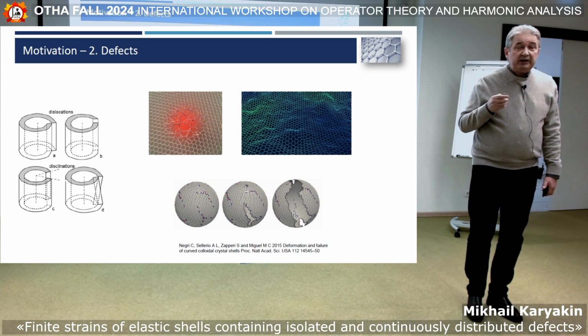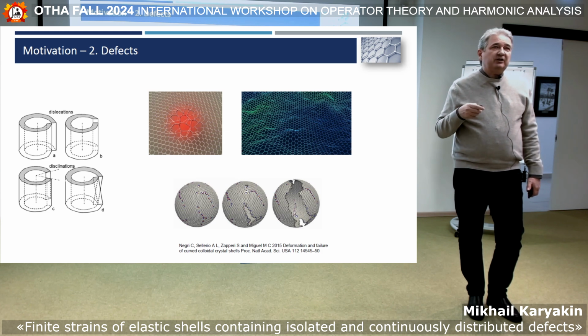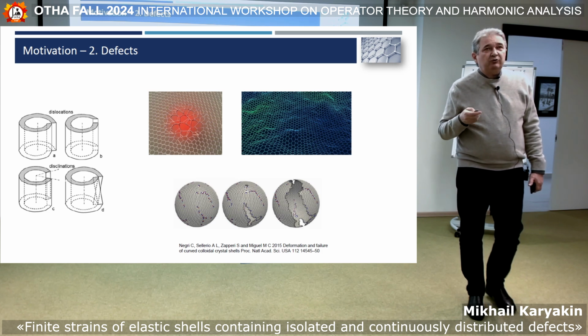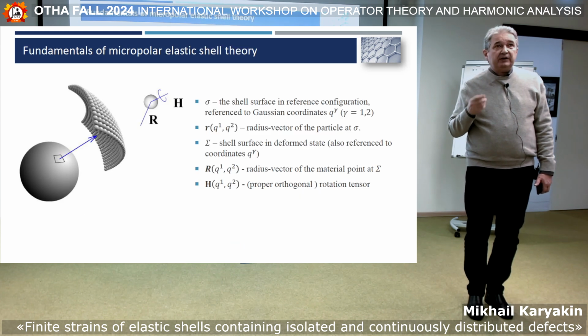So in our case, we will study a two-dimensional system. As I said before, the shell is one of the objects of our interest: a shell with dislocations, a shell with defects.